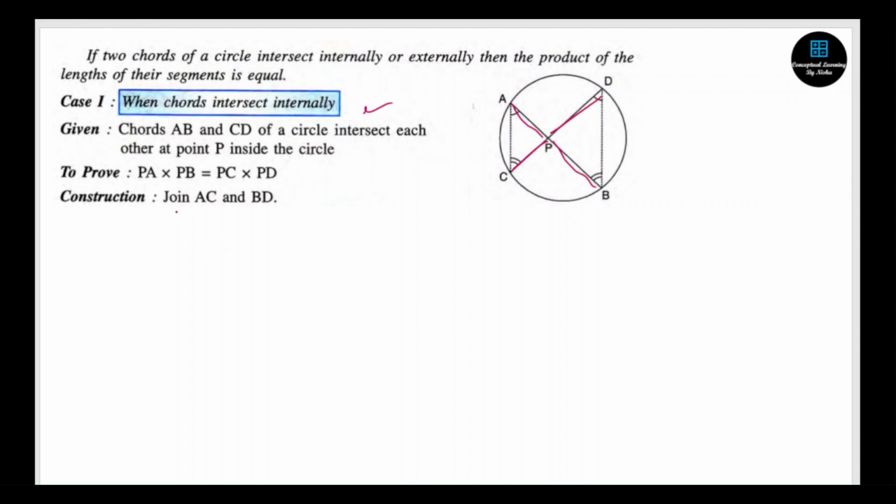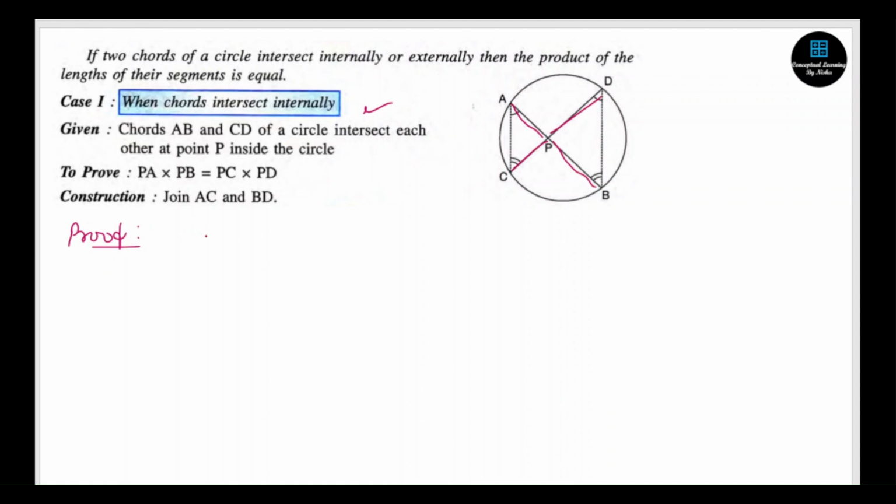Now what to do with this? We'll join AC and BD. Now can you see two triangles? We learned similarity, so can we prove these two triangles are similar? Yes, we can. Let's check how.